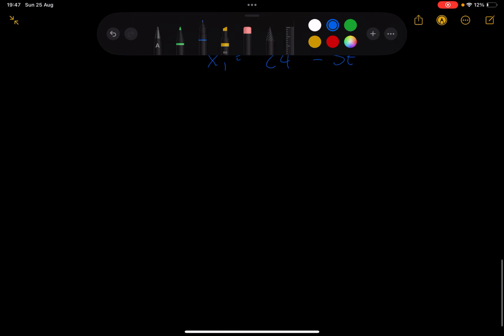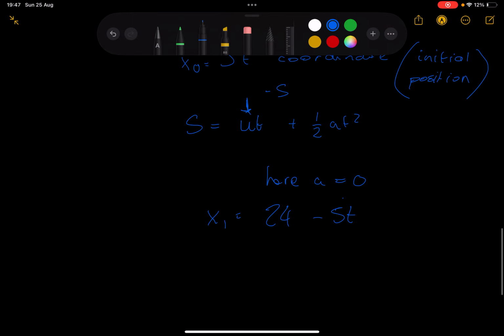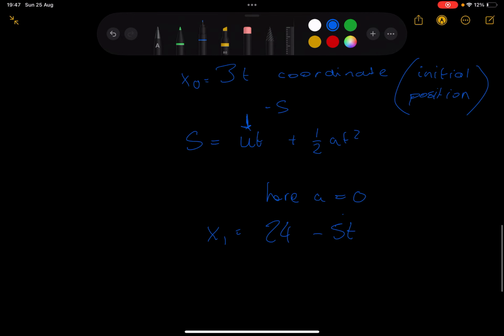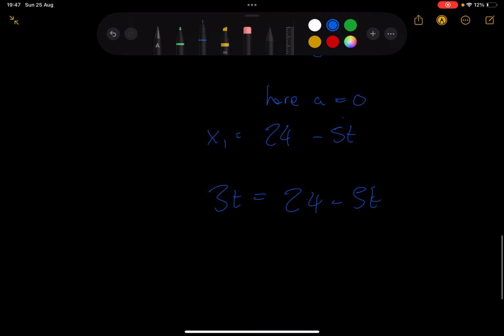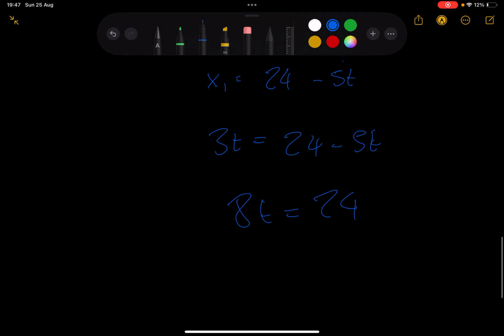So 3t equals 24 minus 5t. Add 5t, 8t equals 24. t equals 3.